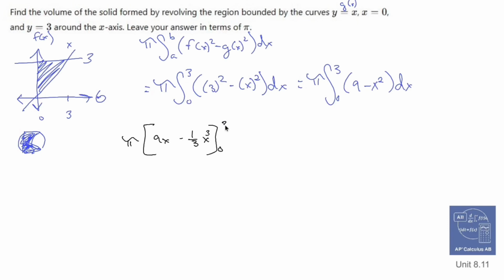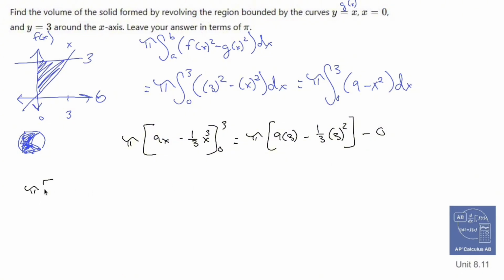Limits are 0 and 3. Plug in 3. Pi times 9 times 3 minus 1/3 of 3 to the third power minus, common sense says if I plug in 0, I get 0 minus 0, which is 0 times pi, which is 0.